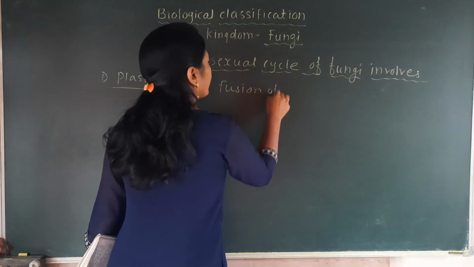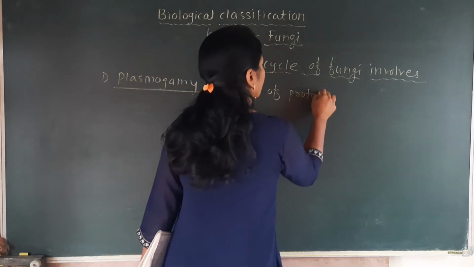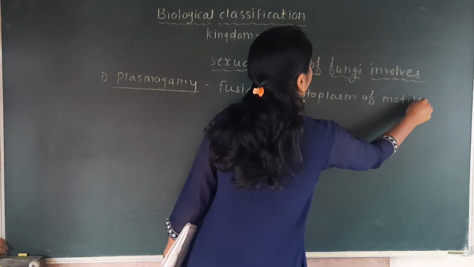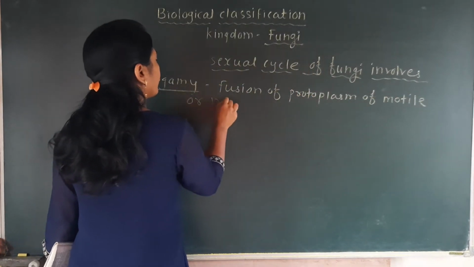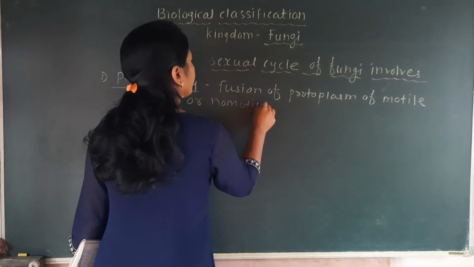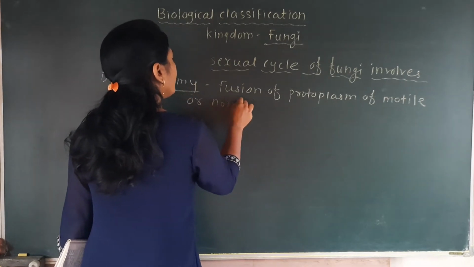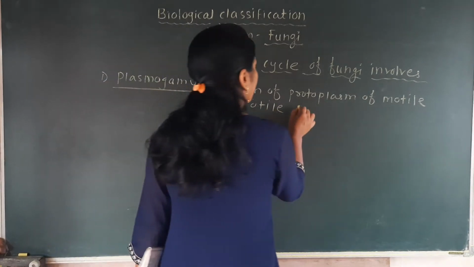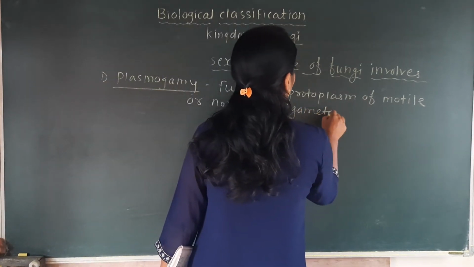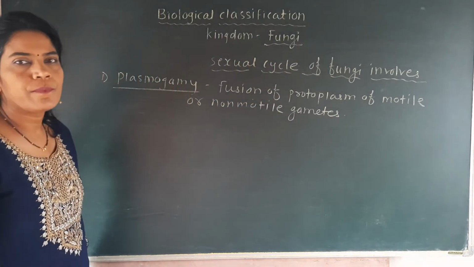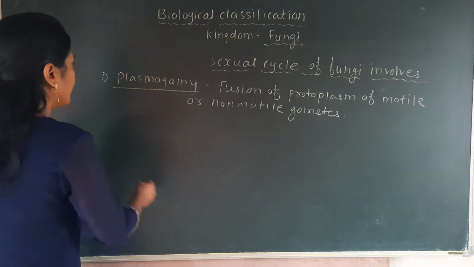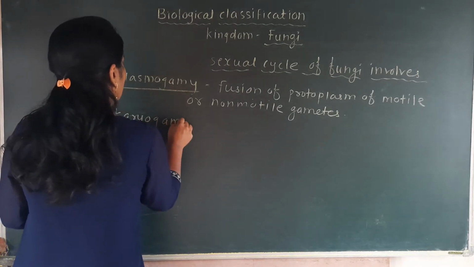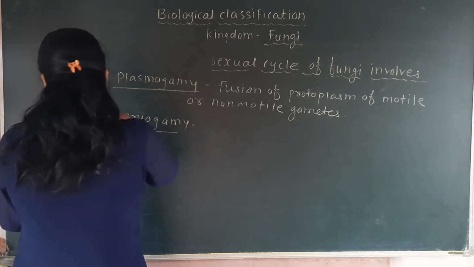Fusion of protoplasm of motile or non-motile gametes is called the plasmogamy. Second is karyogamy. Second one is called as karyogamy.